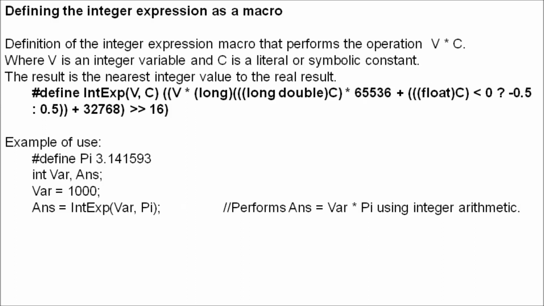We can improve this situation by defining the expression within a macro. Shown here is the definition of a macro that accepts two parameters for the variable and the constant.